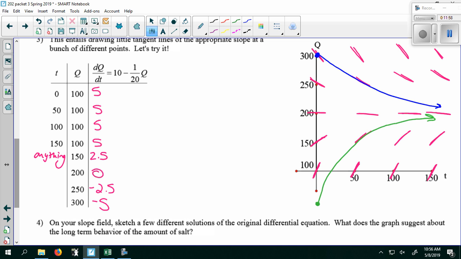If you start with 200 gallons of salt in the tank, what happens? It stays at 200 forever. So that's why we call that an equilibrium solution. We are pouring things in and things are draining out, but at 200, the amount of salt in the tank is in equilibrium. It stays at 200 forever.